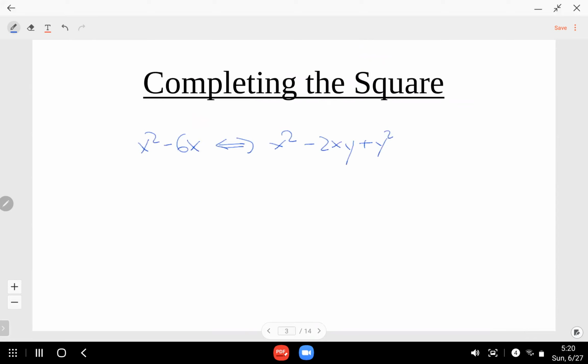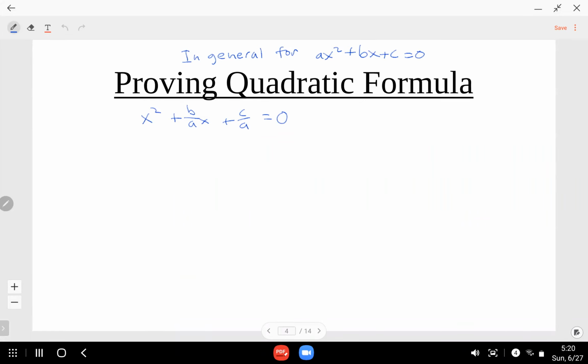Cancel x out. 2y equals 6, and then y would basically be equal to 3. So then you can observe that you need to subtract c from both sides, and then you get x squared plus b over a x equals negative c over a. And then you need to add something.